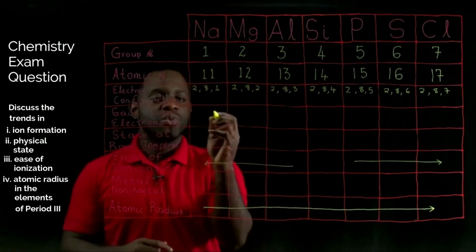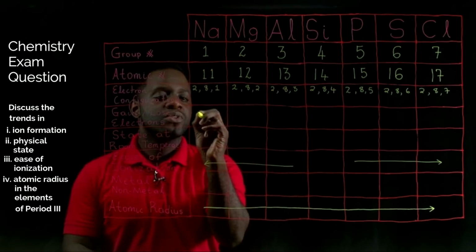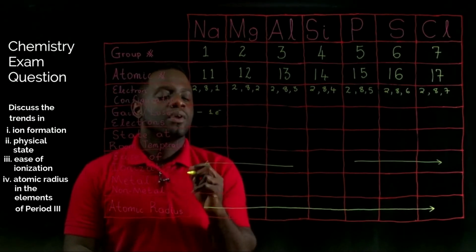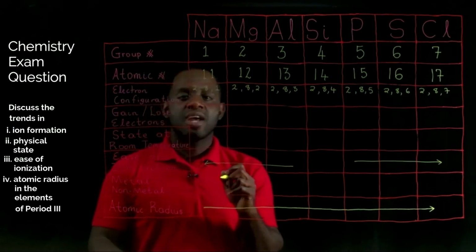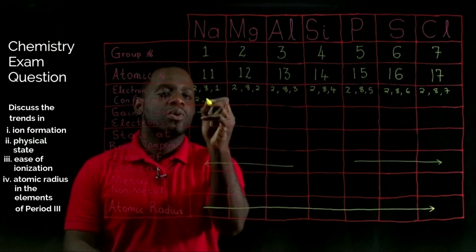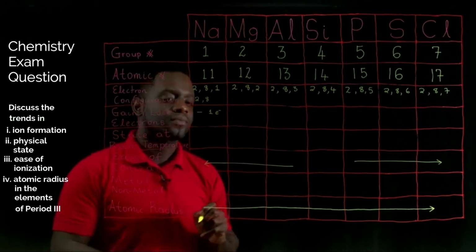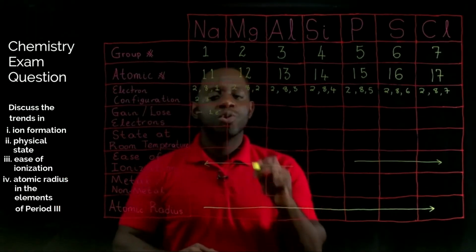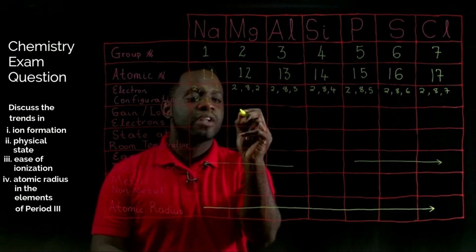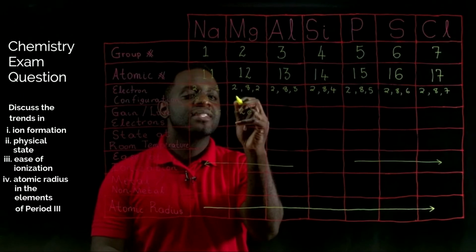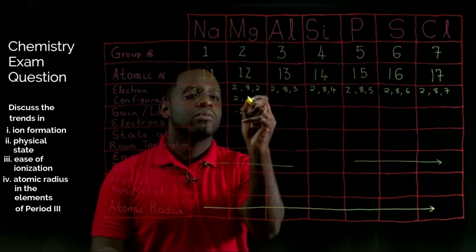So it will lose 1 electron, and its new electron configuration will be 2, 8. Similarly, magnesium would rather lose 2 electrons, so its electron configuration will also be 2, 8.